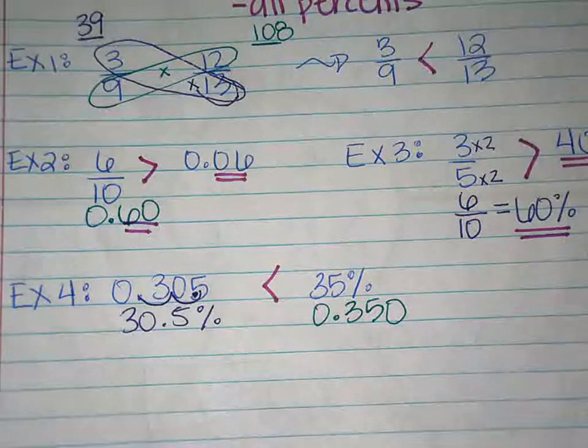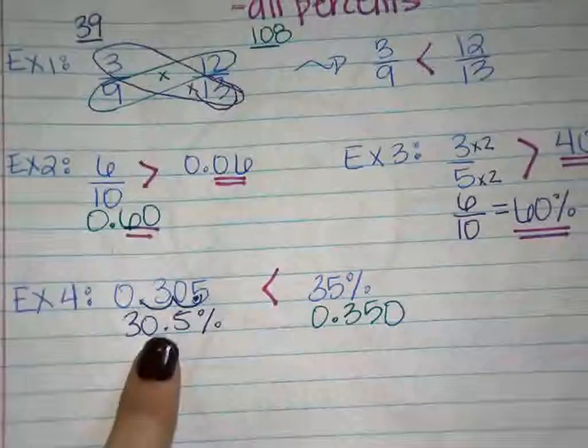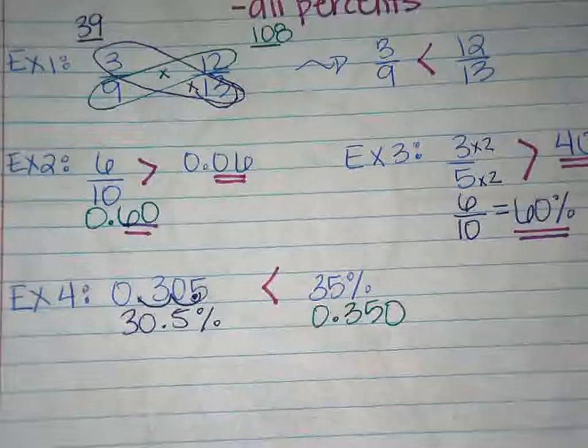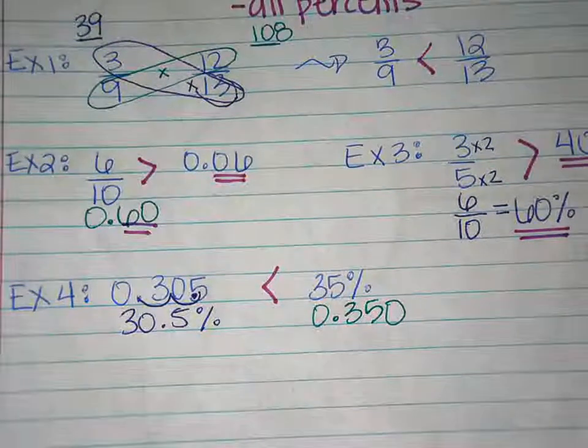Any questions so far, you guys? McKenna? Okay, so isn't the other one greater though? Nope. No, because if you put that one to a percent, it would be 35%. Would you rather have 30.5% or 35%? Which number is bigger? 30% or 35%?